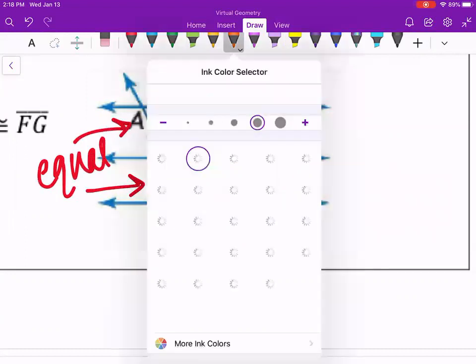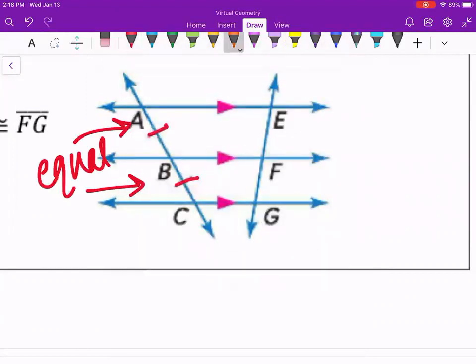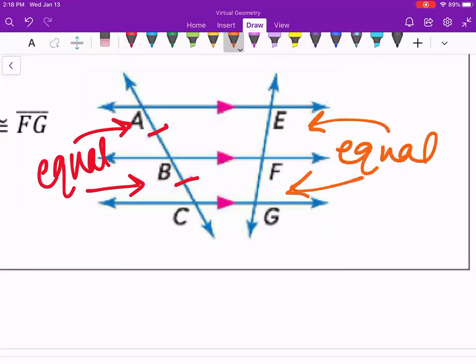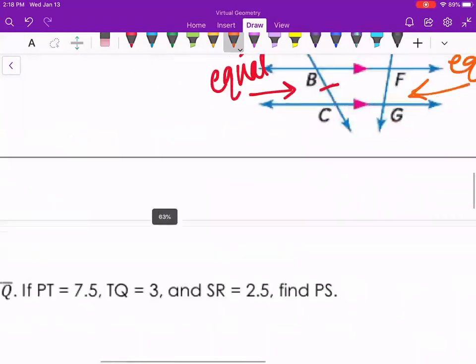And if the same is true on the left side or the right side, if one side is equal, so is the other. It forces the other side to be equal as well. So those proportional parts are actually equal to each other. So AB is equal to BC, EF equal to FG. Again, we'll see some examples in just a second on how we can solve all these out.